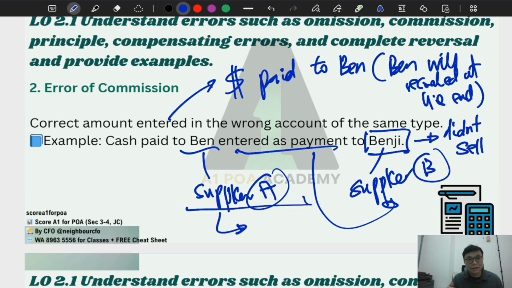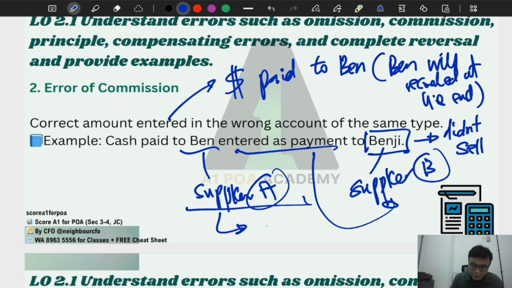So as an accountant, in the following period, when you run through the amounts owing to suppliers, you will look at your books of account, your accounting system, and you will realize that you didn't pay Ben, and therefore you will pay Ben.